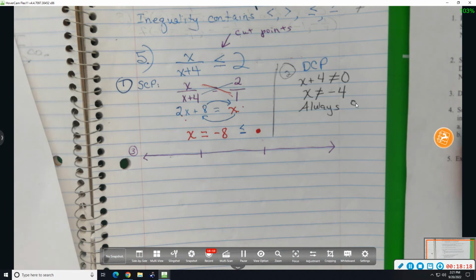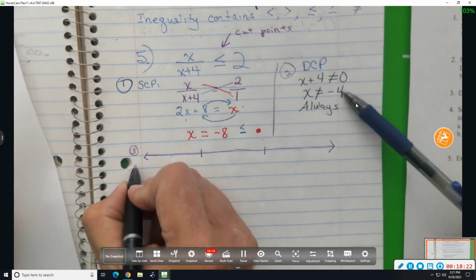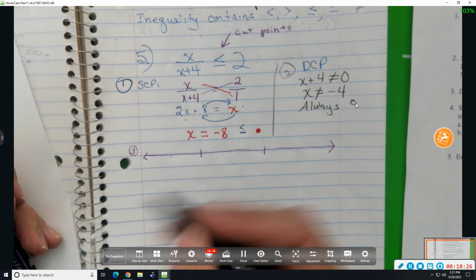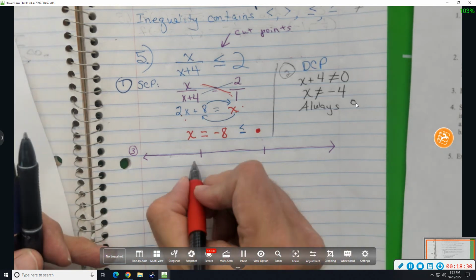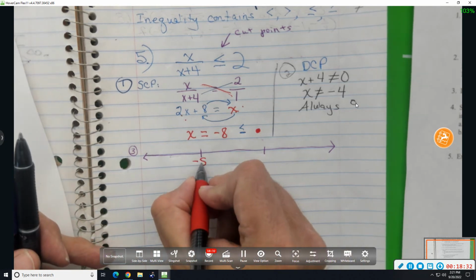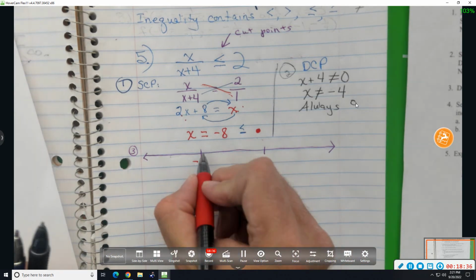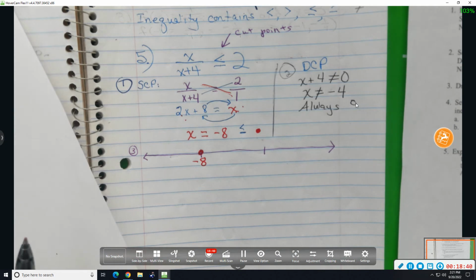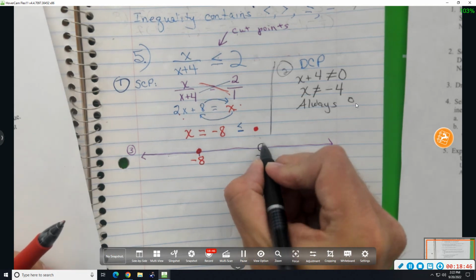So with that in mind, we have 2 cut points, negative 8 and negative 4. Which one's going to go first? Yes, negative 8. Okay, now this is going to be a little tricky. I'm writing the 8 in red, negative 8, and it's a closed circle. Then I'll put the negative 4 next with an open circle.